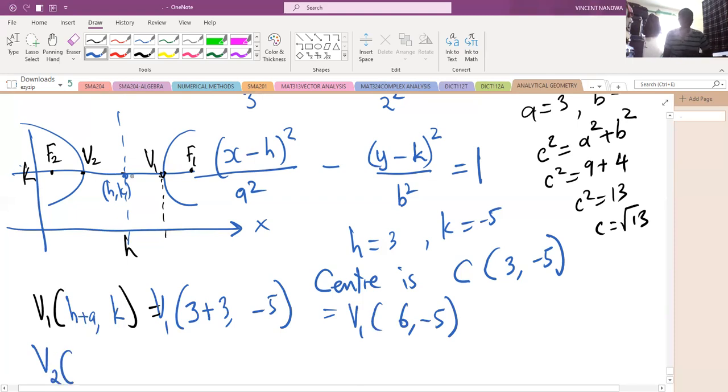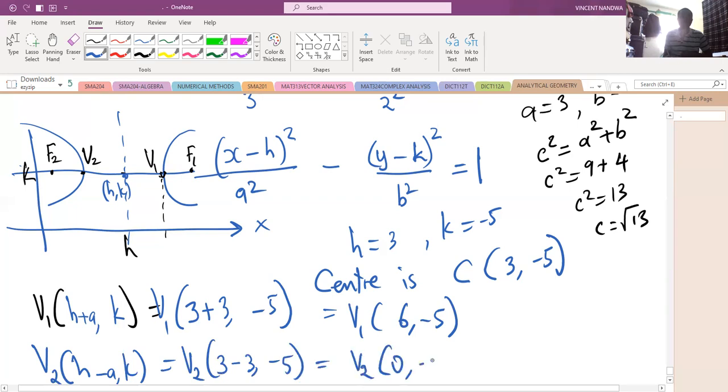V2 will be now a units to the left, h minus a comma k. So V2 is 3 minus 3 comma minus 5, so V2 is 0 comma minus 5. And then for focus F1, remember it's c units from the center, so we'll have h plus c comma k.